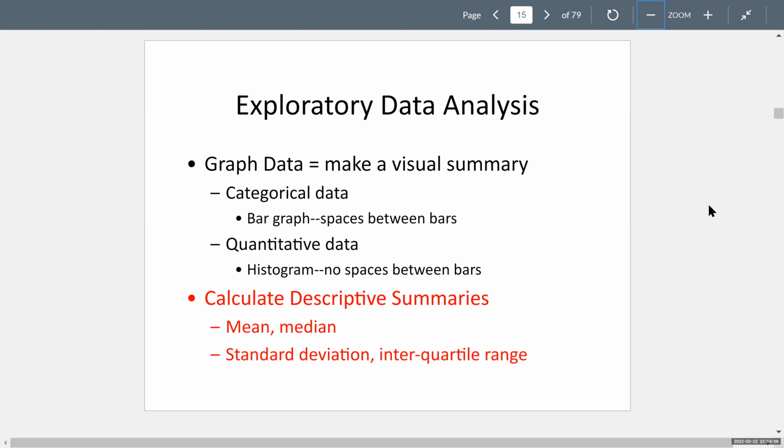Is it a really skinny histogram where all the data is clustered very closely to the mean, or is it a very wide histogram where we have lots of variation between individuals? So the standard deviation is a measure of how variable our individuals are from one another. Standard deviation is going to go along with mean. We have a similar measure called inter-quartile range that's going to go along with median, and that's also going to tell us how wide our data set is.